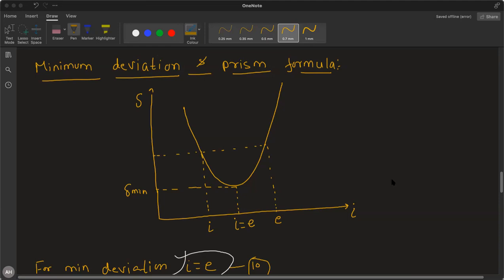Yes, Noor. Prism formula can also be derived for the minimum deviation.